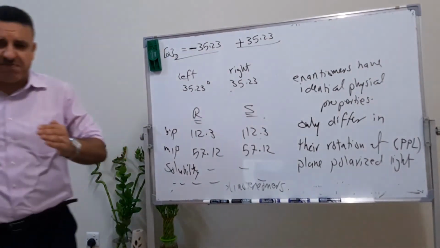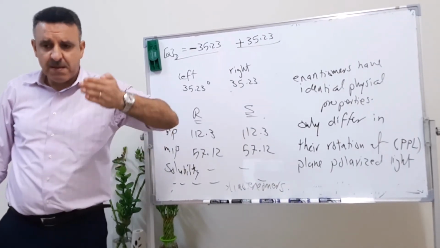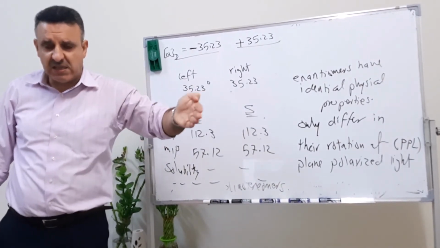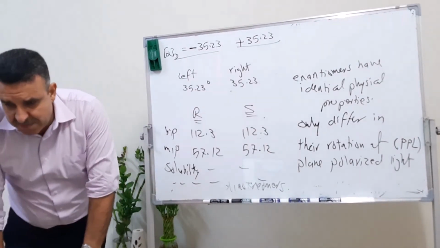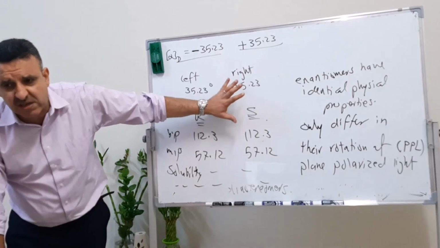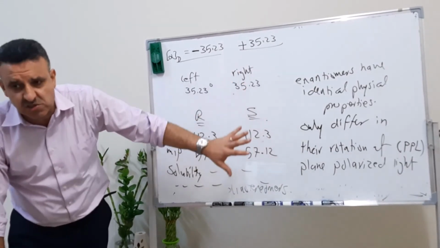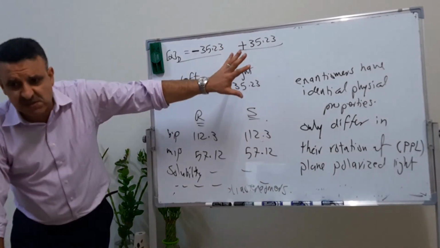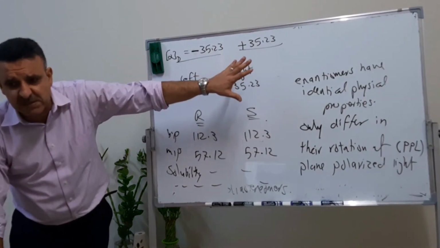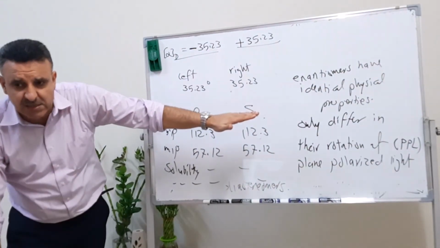So this is the only difference of enantiomers. Enantiomers only differ in the rotation of what we call plane polarized light. I will explain now the meaning of plane polarized light, but I just want you to focus on this board because that's actually the summary of the whole issue. Enantiomers have identical physical properties; they only differ in the rotation of the plane polarized light.